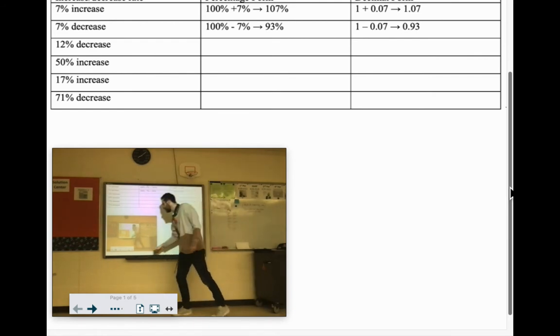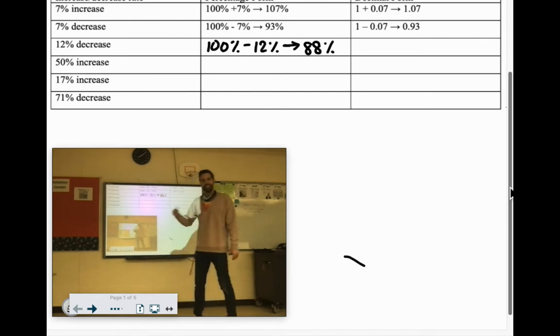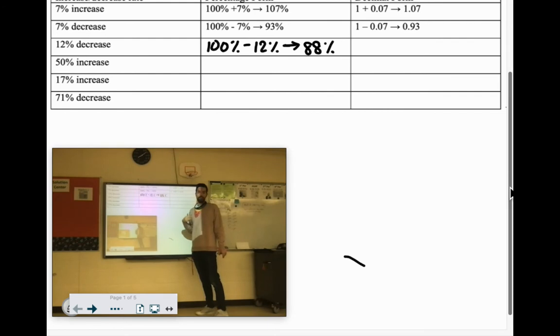A 12% decrease is obviously subtraction. So we're going to be doing 100% minus 12%, which is 88%. So it retains 88% of its value each year. Now, as a decimal, that would be 0.88, which we'll find over here. 1 minus 0.12, which is the 12%, would give you 0.88.